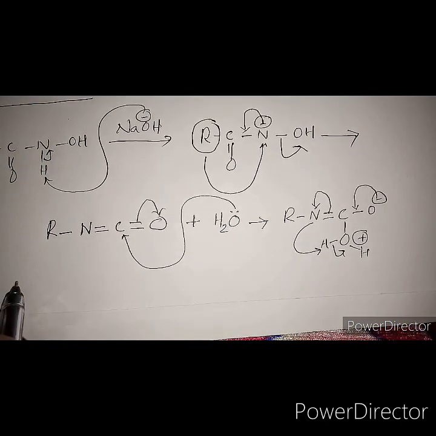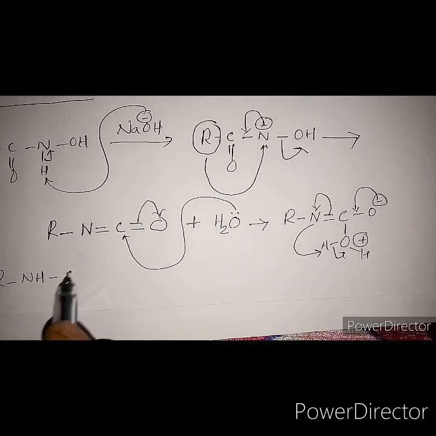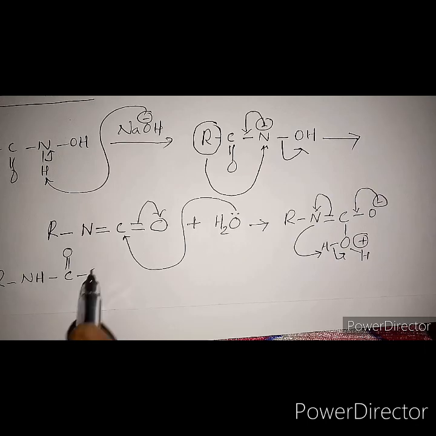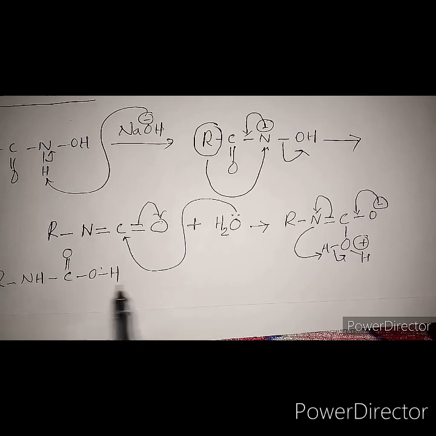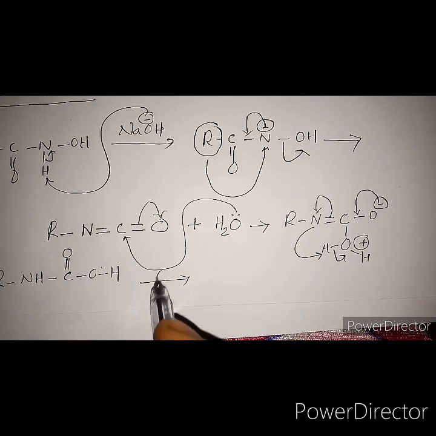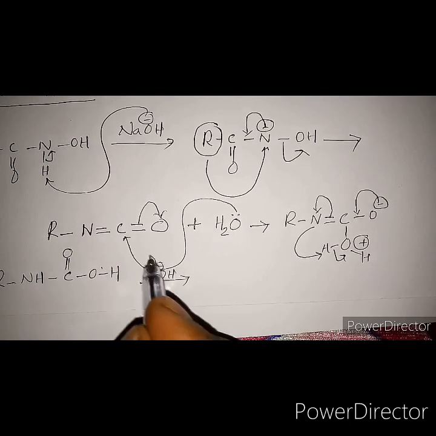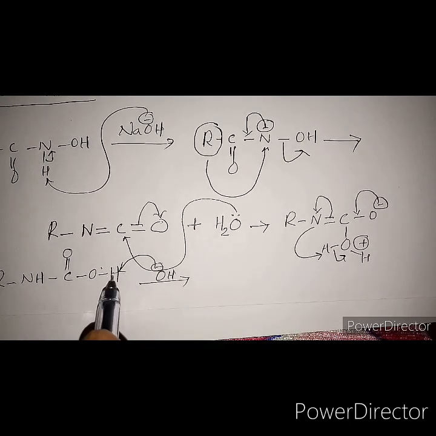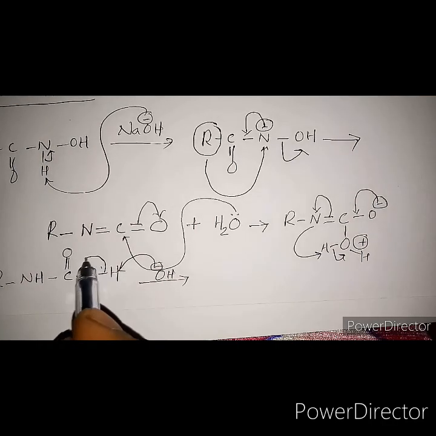So we'll get RNH C double bond O OH. Now we have a base. That base will abstract the proton of the carboxylic group. Now it gets a negative charge.